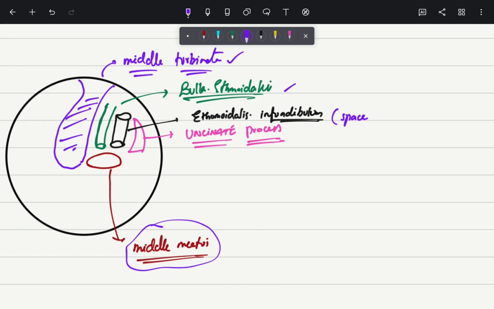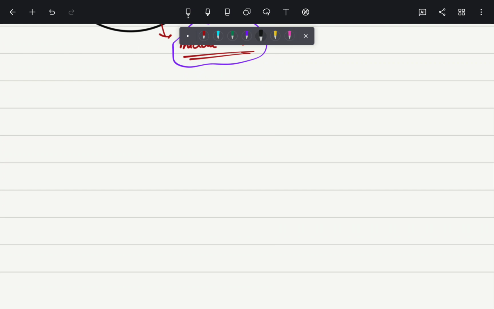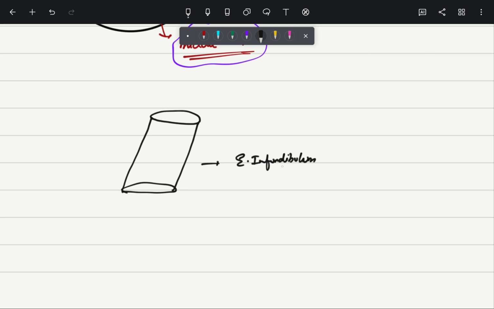Ethmoidalis infundibulum is nothing but the space between bulla ethmoidalis and uncinate process. Okay, now this space I will draw it here. As you can see here, I am drawing the ethmoidalis infundibulum, which is the space between bulla and the uncinate process.